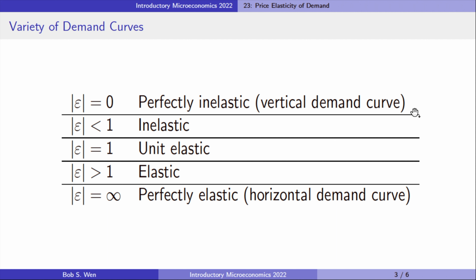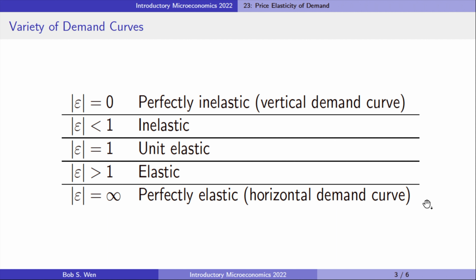At the opposite extreme, if the elasticity approaches infinity, the demand is perfectly elastic, which means the quantity demanded is so sensitive to the price change that a little price increase will lead to a total loss of sales. The demand curve is horizontal in this case.